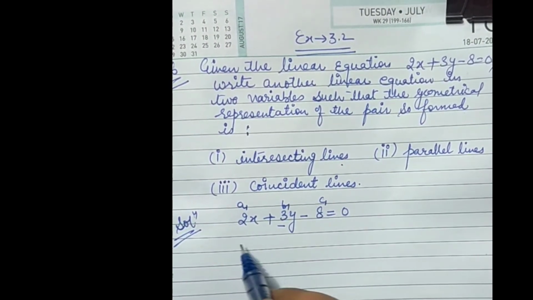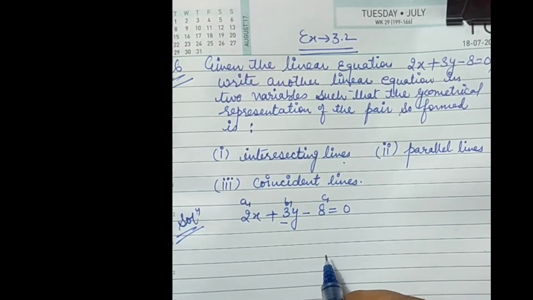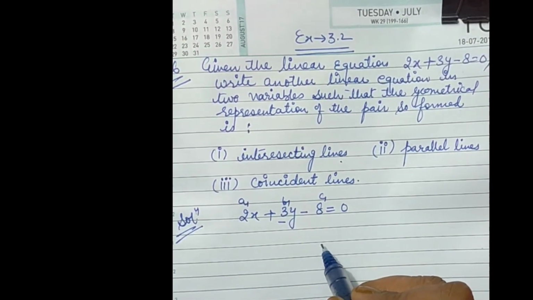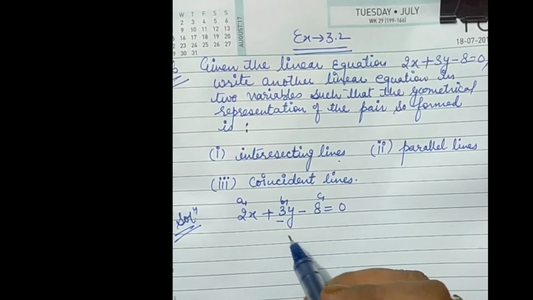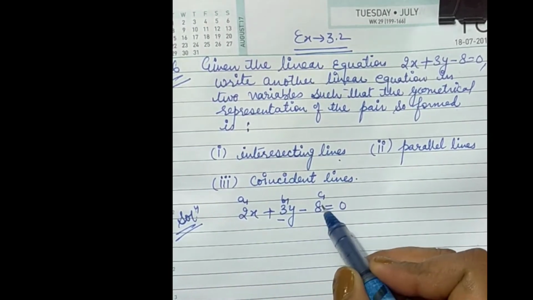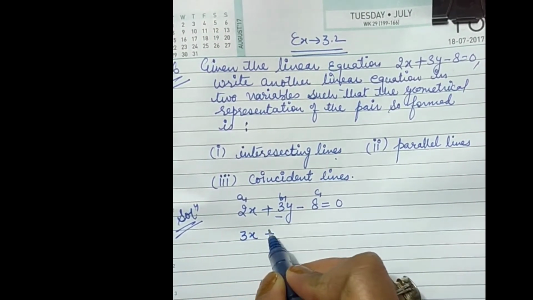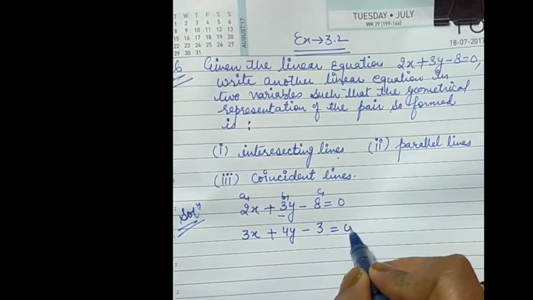We have to write A2, B2, C2 ourselves, keeping in mind that we have to make all the ratios unequal. I can choose any coefficients, but I have to take care that the ratios should not be the same. So I can write 3x plus 4y minus 3, anything.